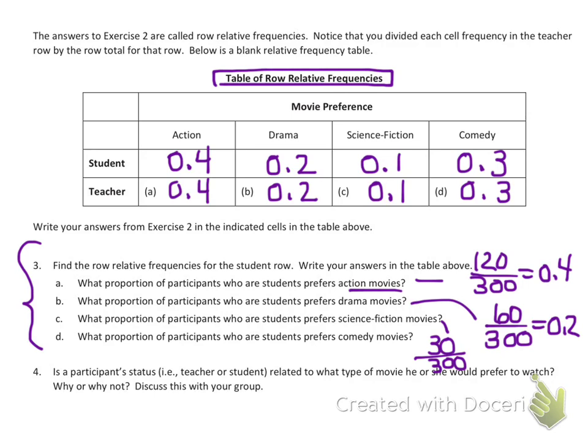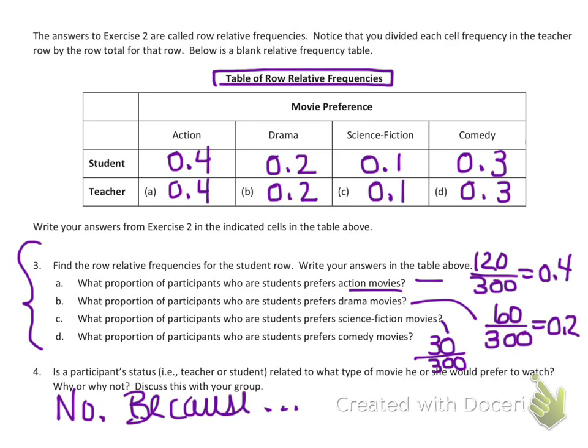All right, hopefully you had a chance to think about that. So the answer here would be, is a participant's status related to what type of movie he or she would prefer to watch? No. It doesn't appear to be. No, because, I'm not going to write all mine out, but I'm going to say the answer.